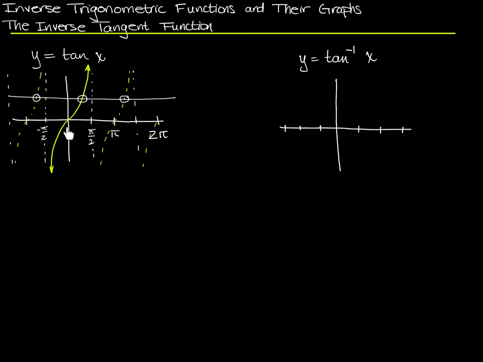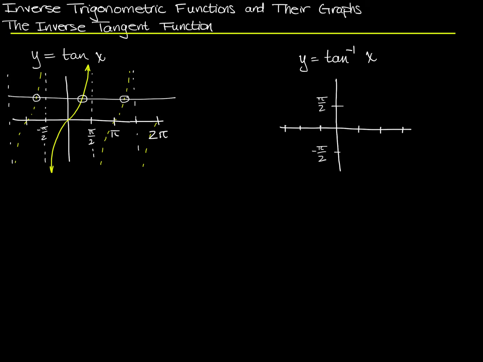The x values on tangent, on the other hand, I have to restrict because I want it to pass the horizontal line test, and it only does that for one cycle at a time. I'm going to have to restrict my x values to the distance that it takes to make one cycle, and that's negative pi over 2 to pi over 2. So that means over here, I'm going to restrict my range from negative pi over 2 to pi over 2.